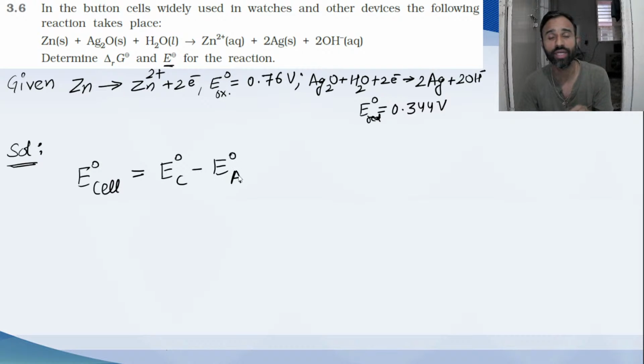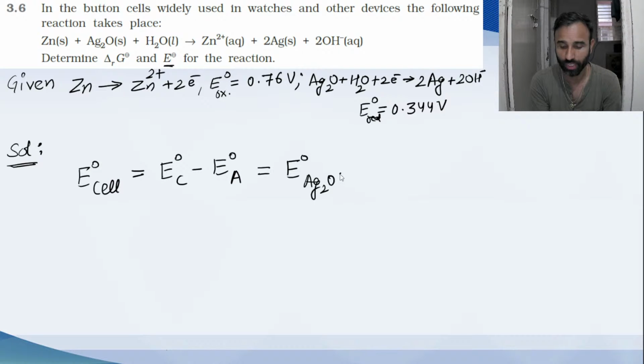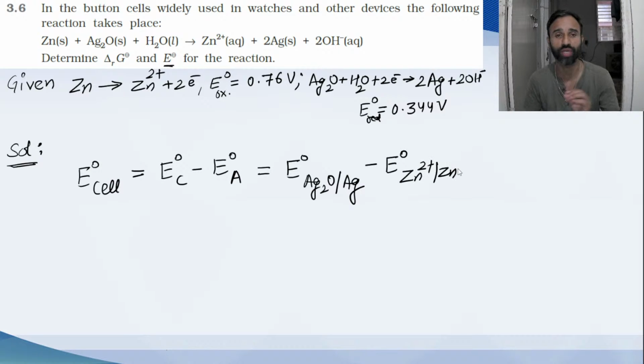These E naught are reduction potentials: reduction potential of cathode minus reduction potential of anode. Now E naught cathode. What is cathode? This one, Ag2O to Ag, that is cathode. And what is anode? Zn2+ to Zn.